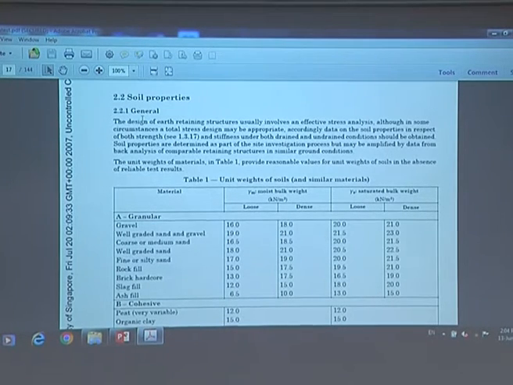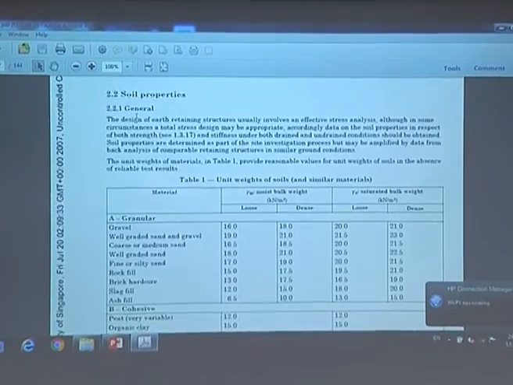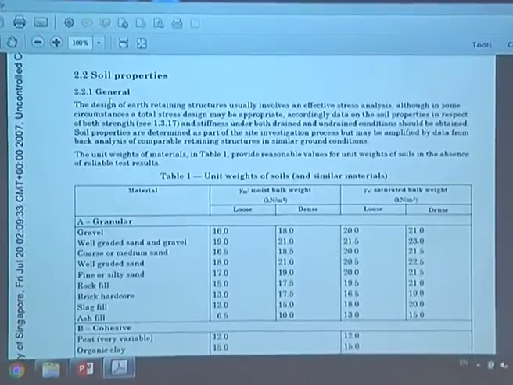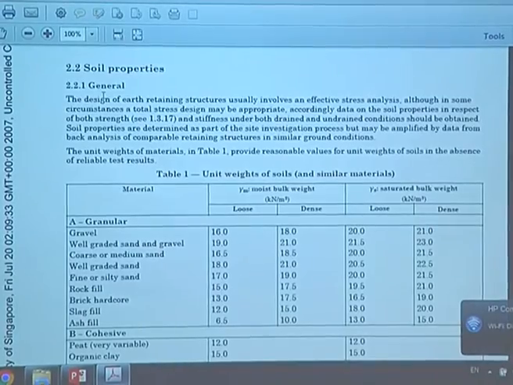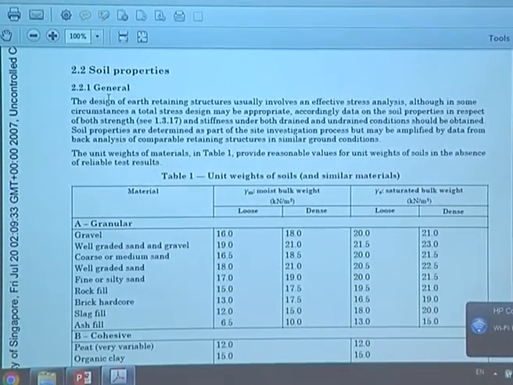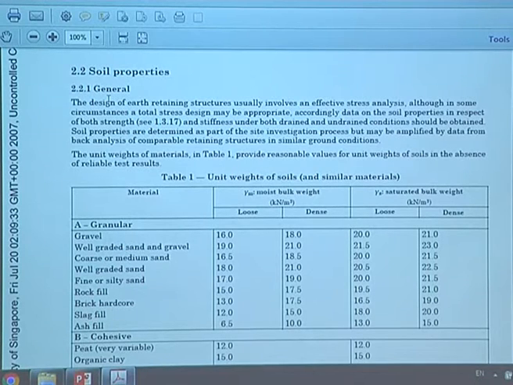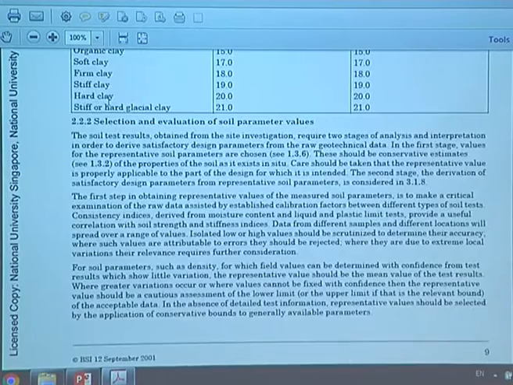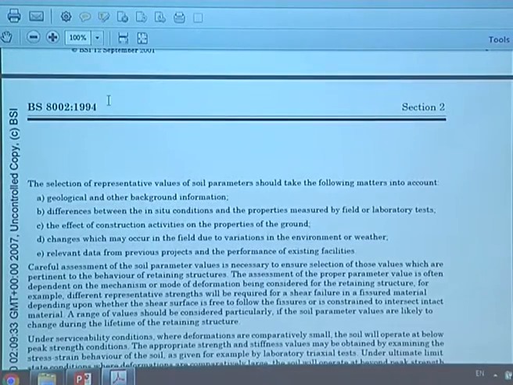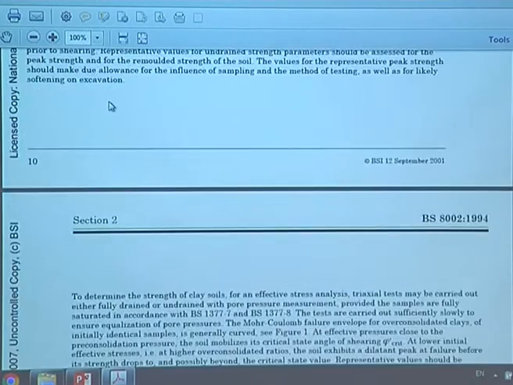Now, usually the way PS 8002 works is this. They will give you the more conservative value. So basically, like friction angle, when they specify a friction angle for you, usually it is likely to be on the conservative side. So if you don't have any other value to use, this is one source of information you can look up. First they start off with the unit weight. After that, they go through things like clay soil.